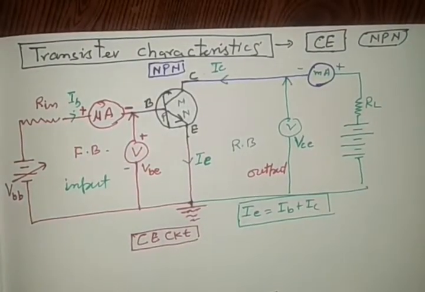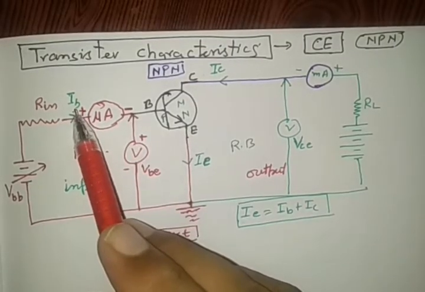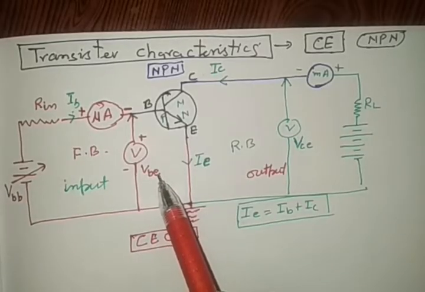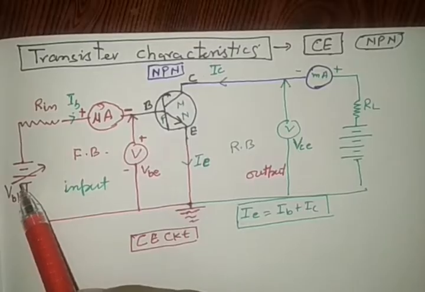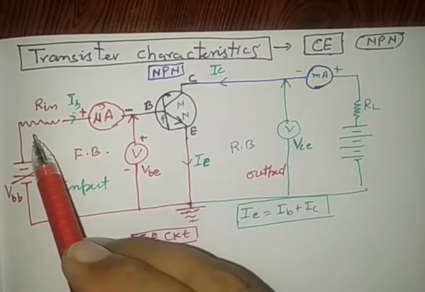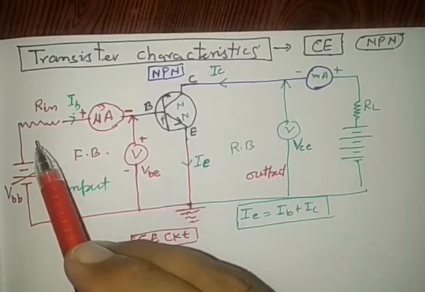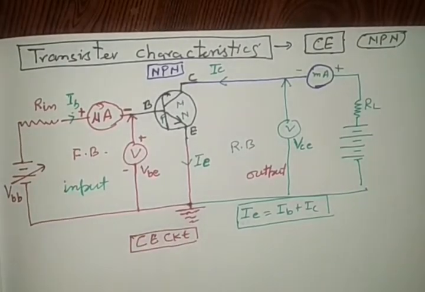A graph is plotted between the base current IB and the input voltage VBE. VBE changes due to the change in input voltage. This is the input resistance, in which input devices such as a mobile or any chip are connected in the circuit.